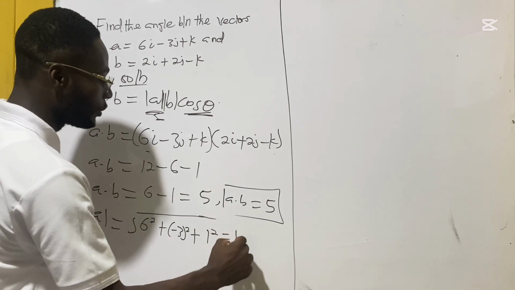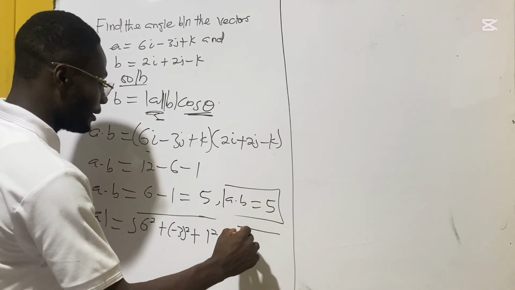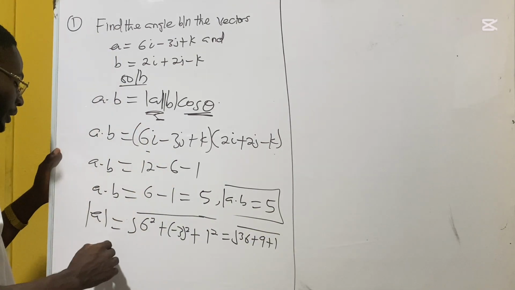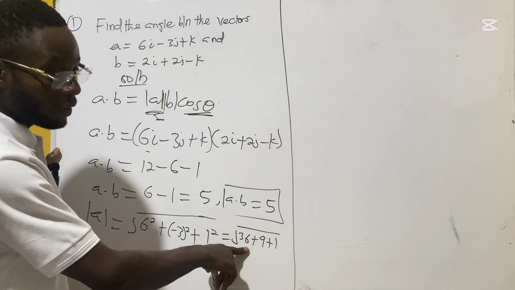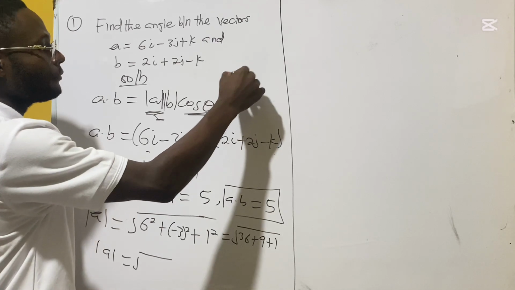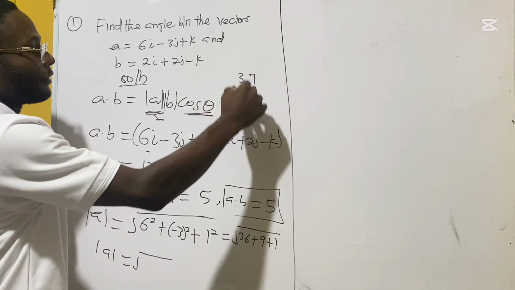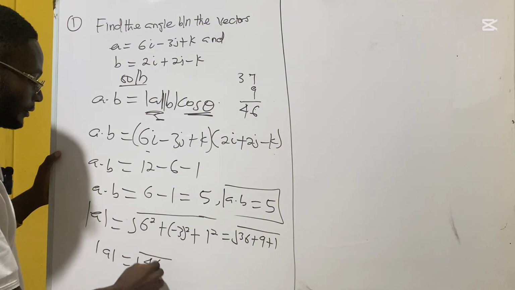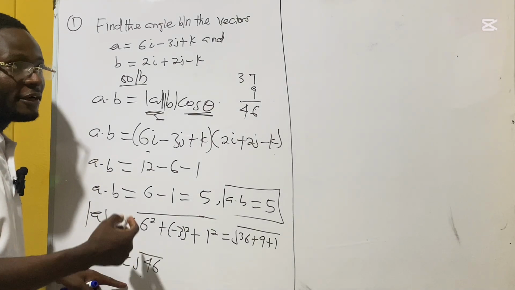That is the square root of 36 plus 9 plus 1, right? 36 plus 1 is 37, 37 plus 9 is basically 46. So the magnitude of A is the square root of 46.